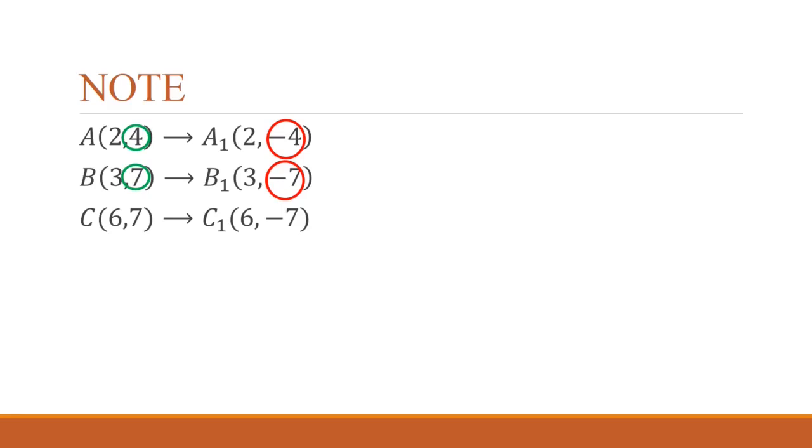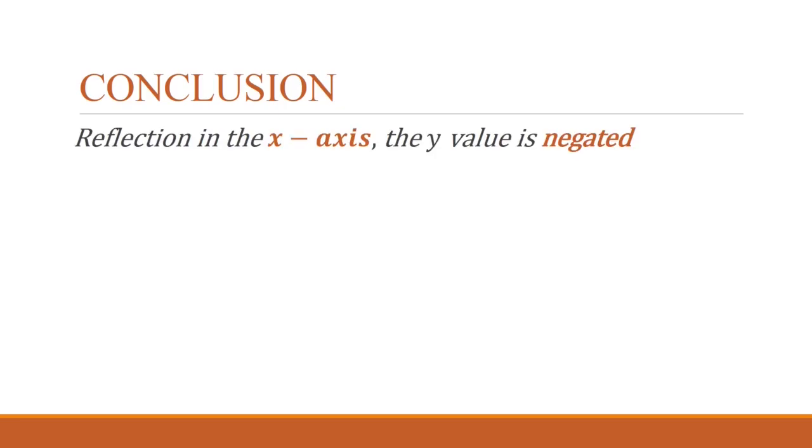The last point, point C, its y-coordinate was a +7, and after reflection became -7. Now, in conclusion, anytime we have reflection in the x-axis, the y value is negated.